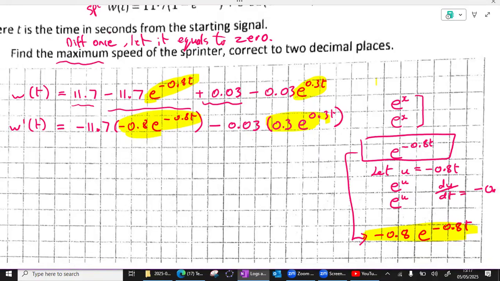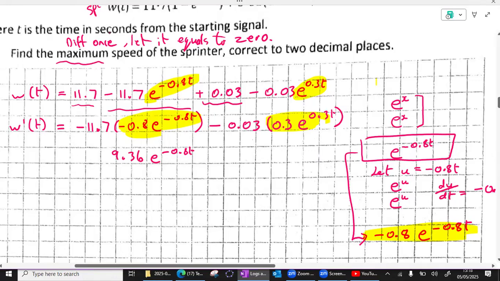So now we just have to multiply out. I have negative 11.7 times negative 0.8. That gives me 9.36 e to the power of negative 0.8 t.